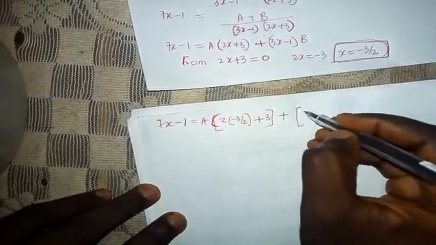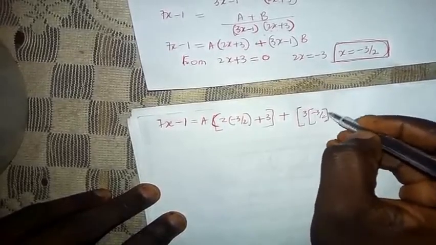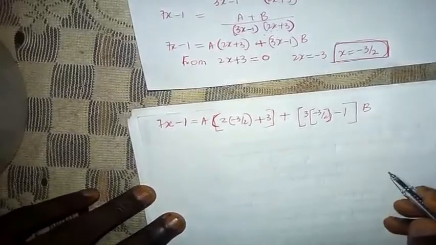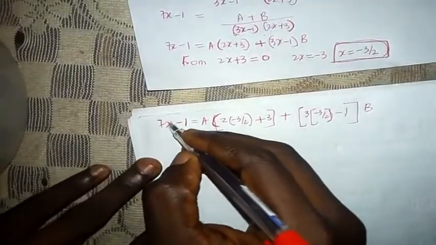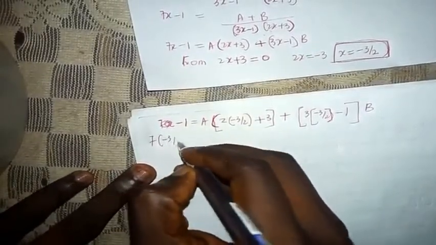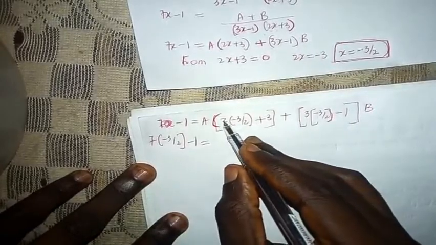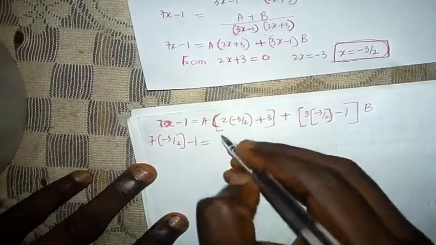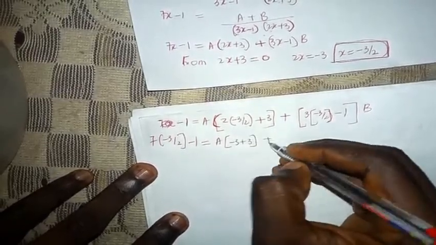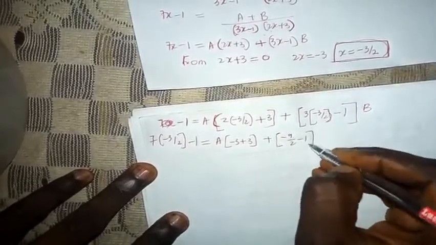So 7 into minus 3 over 2 minus 1 is equal to a times, 2 into minus 3 over 2 is minus 6 over 2, that's minus 3, plus 3, plus 3 into minus 3 over 2, minus 9 over 2, minus 1, times b.